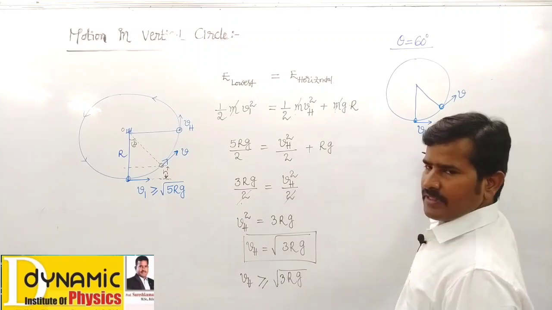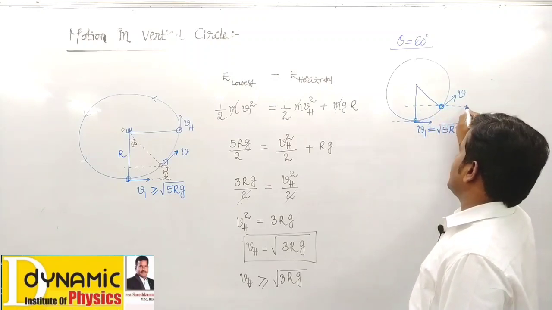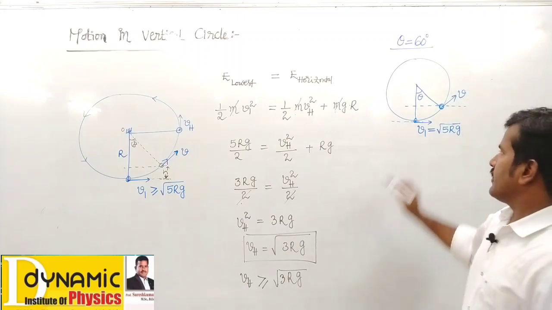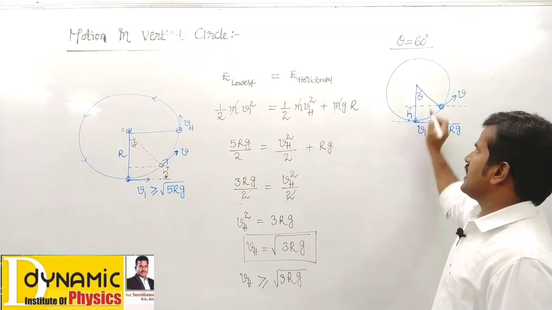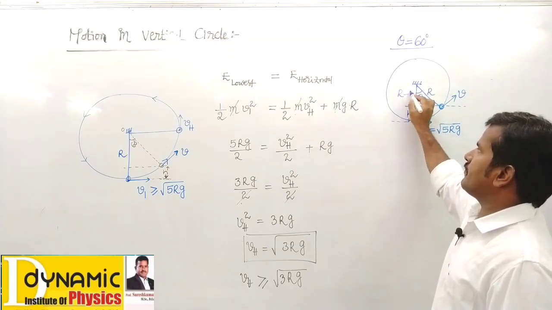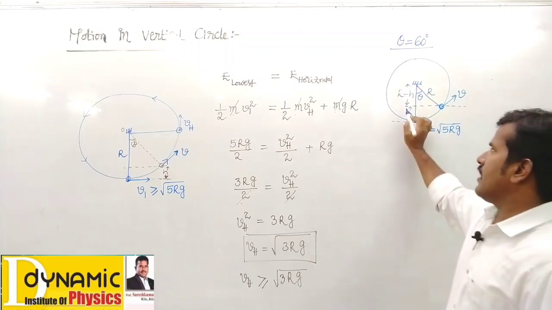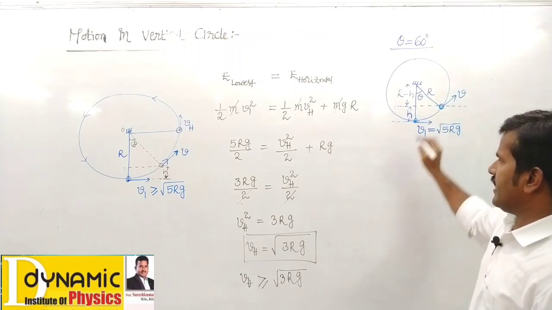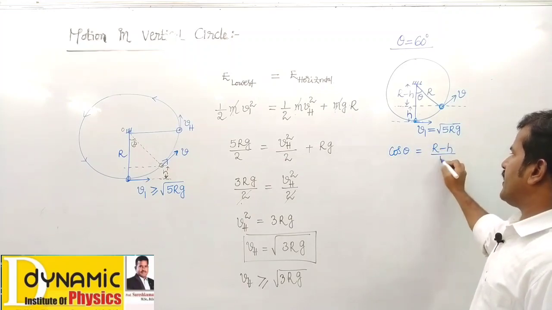This is the minimum, but we want the velocity at the 60 degree position. The angle becomes 60 degrees. Then this is h height from the lowest position, this is r, and this is r minus h. Using the cos function, cos theta equals r minus h upon r.